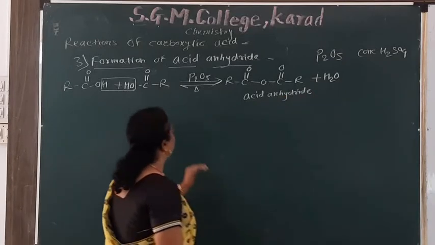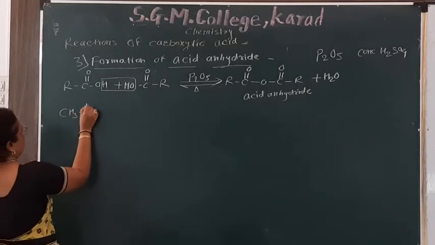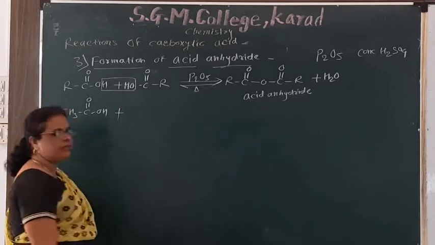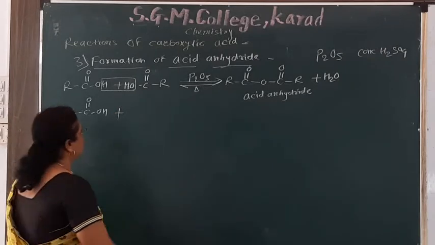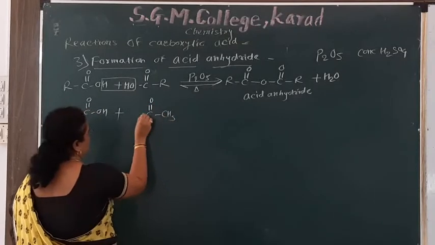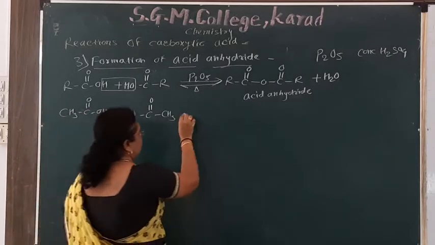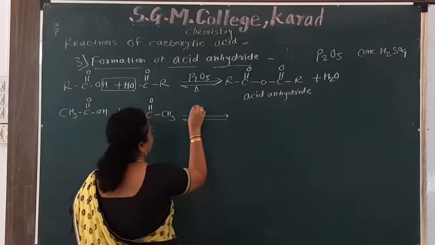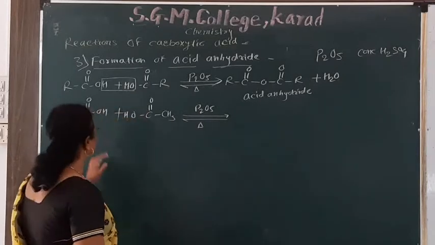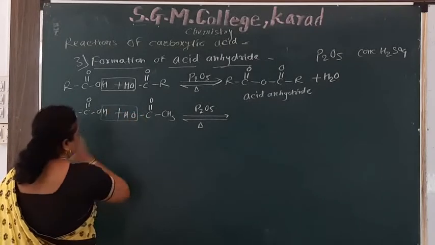For example, one molecule of acetic acid CH3COOH reacts with another molecule of acetic acid CH3COOH. Here dehydrating agent like P2O5, heat. Then the water molecule is removed.